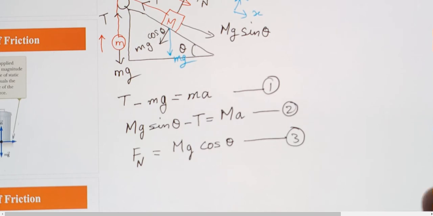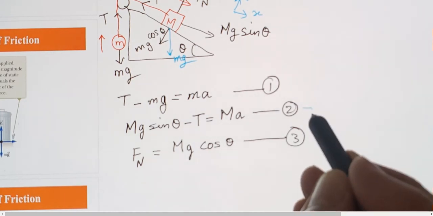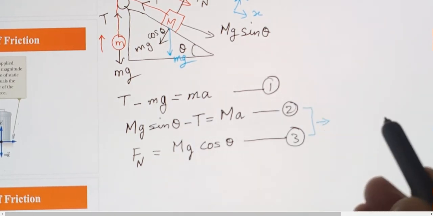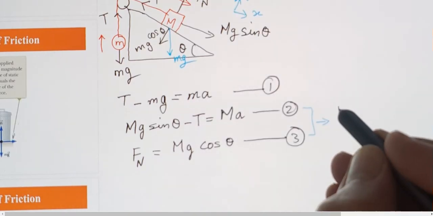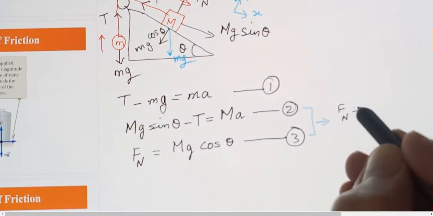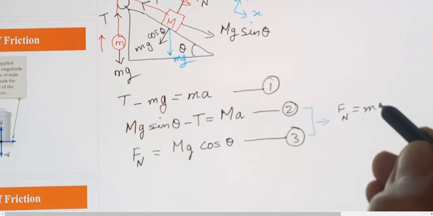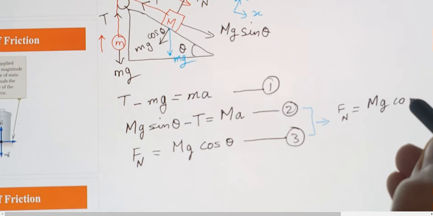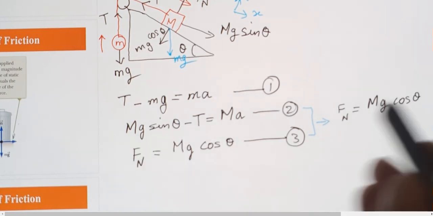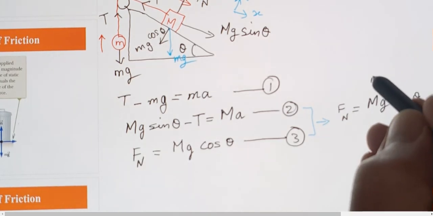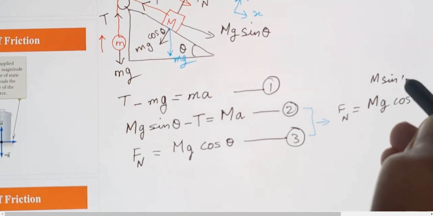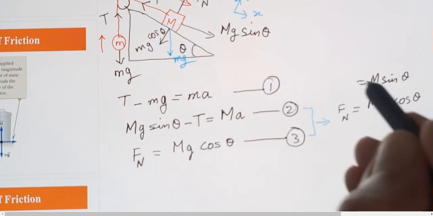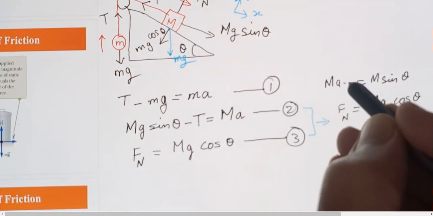For example, in the book we can use these two equations. He spent a lot of time: N is equal to Mg cosine theta, and we have this equation mg sine theta is equal to ma plus tension.